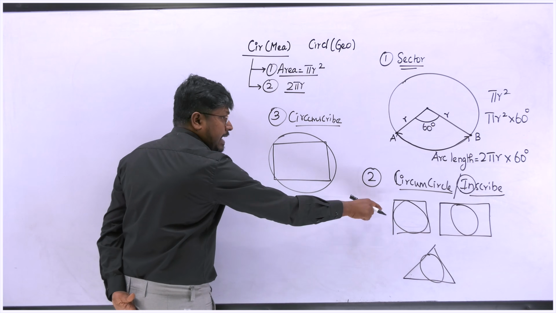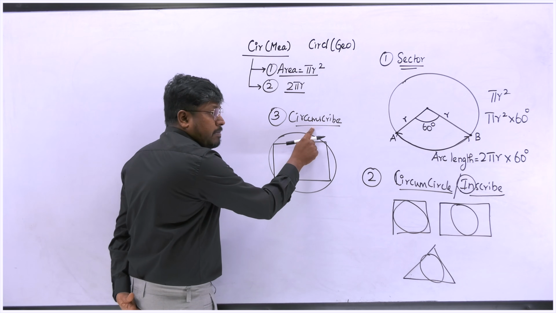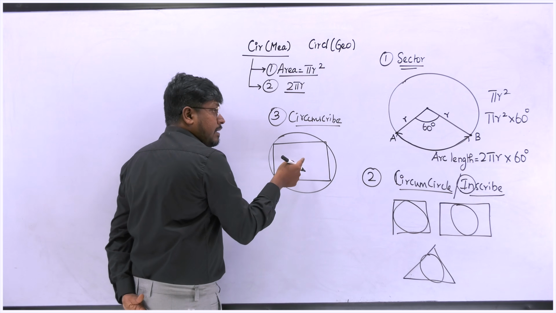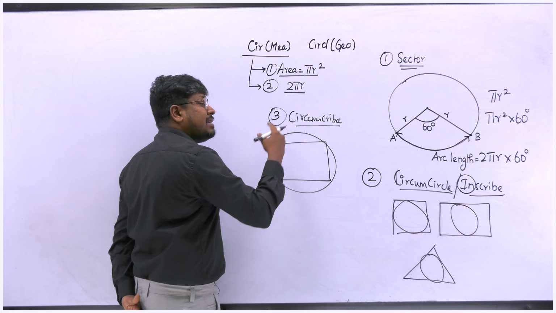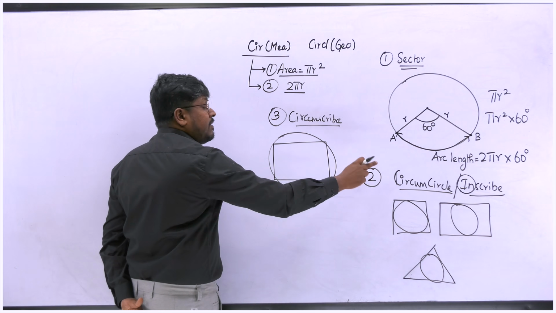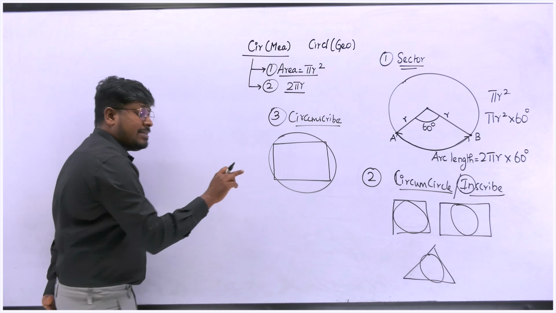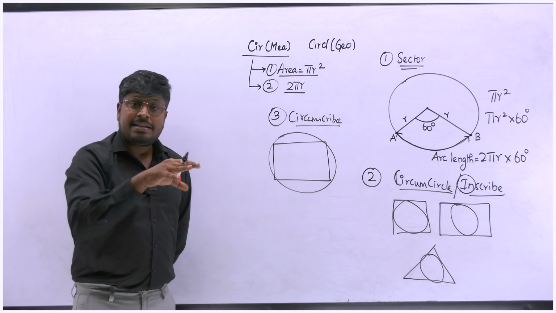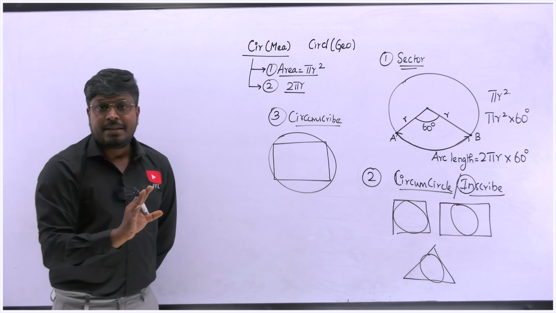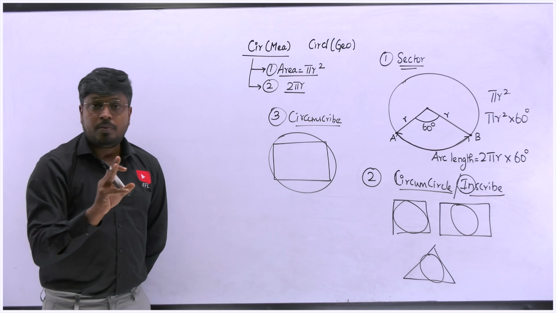Here it is inscribed, here it is circumscribed, right? If it is circumscribed, inside a circle we have some figure, for example a square or a rectangle or a triangle. But if it is inscribed, then the circle will be inside a triangle or a rectangle or a square, right? So this is the difference between the two.